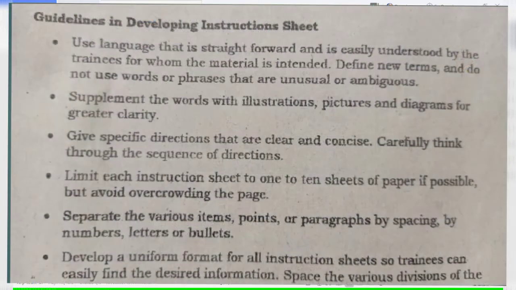Now, pag sinabing information sheets, dapat po, you have to use language that is straightforward and is easily understood by the trainees for whom the materials is intended. Of course, define new terms and do not use words or phrases that are unusual or ambiguous.